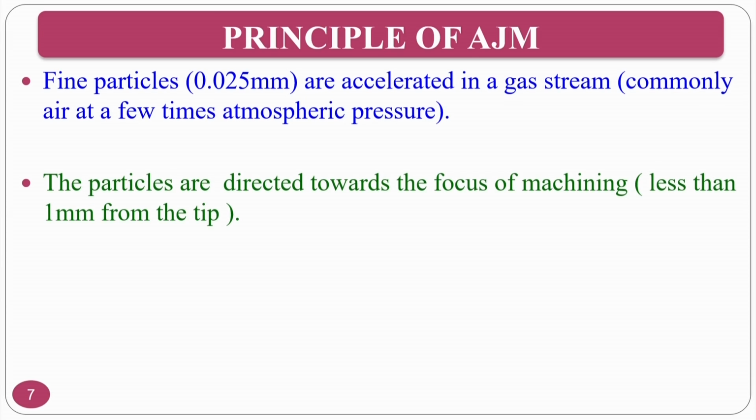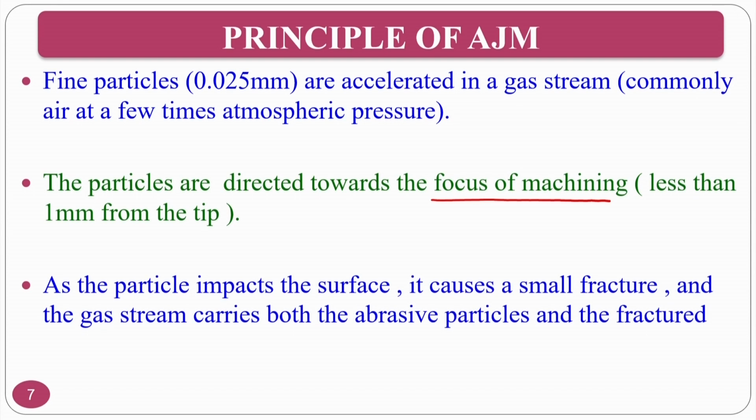The particles are directed towards the focus of the machining, less than 1 mm from the tip; normally it is called the nozzle tip distance. You will come across all these words in the upcoming slides. You just focus on the workpiece so that you can cut it.